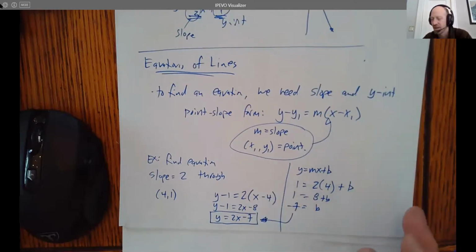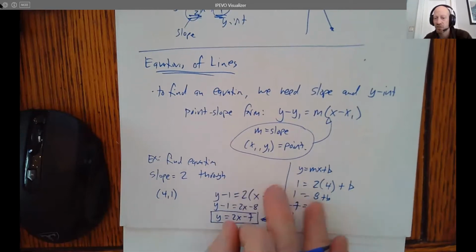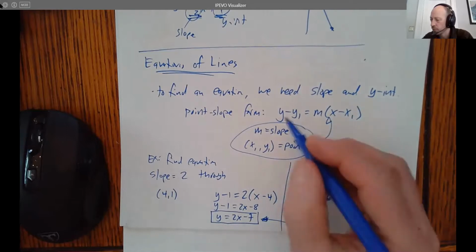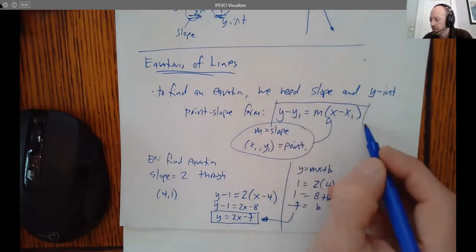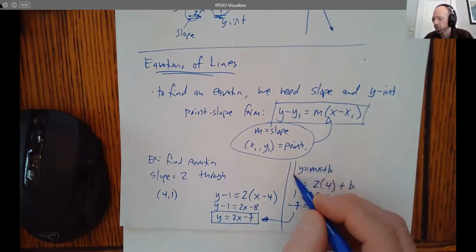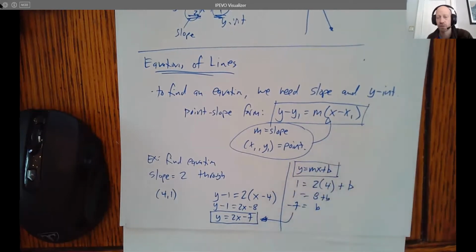But it is a little extra step that you have to take to make sure you have your answer in the right spot, okay? One of these is the strategy that you should use when finding the equation of a line. If you are comfortable with this one, that's my standard way, but I have a lot of students that are successful just focusing on that version. Either one is fine with me.